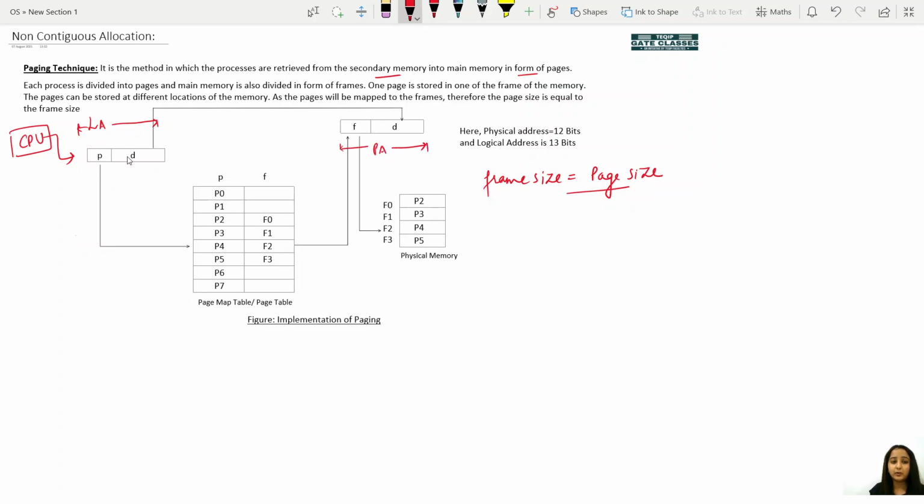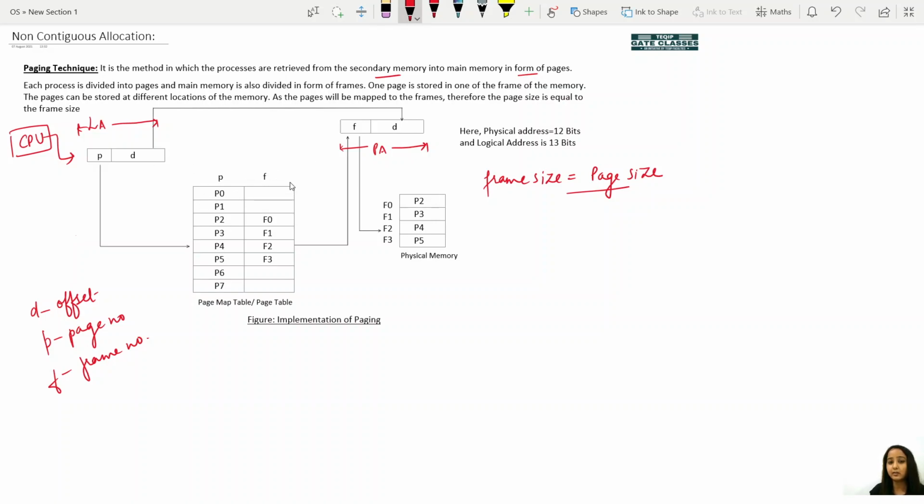P plus D, where D is the offset. P is the page number and F is the frame number. So page number plus offset makes the logical address. The physical address is obtained with the help of the frame number and offset.